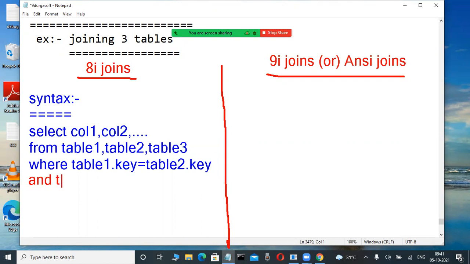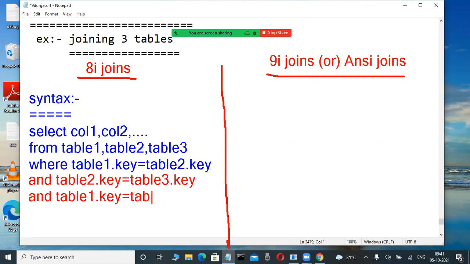And table 2 dot key is equal to table 3 dot key, and table 1 any number of fields, key is equal to table 3 dot key, like this. But here not like that, totally different, only join conditions and also result based conditions.